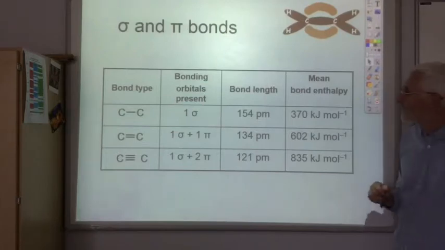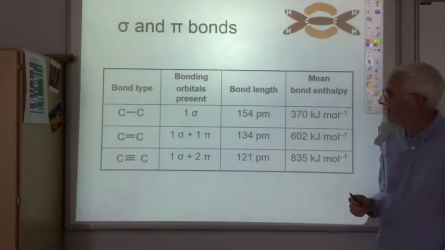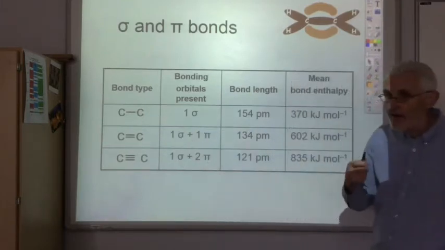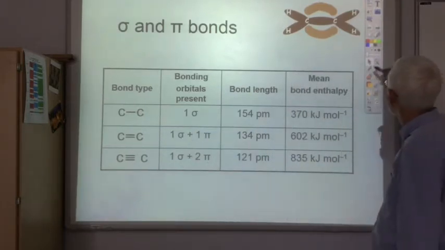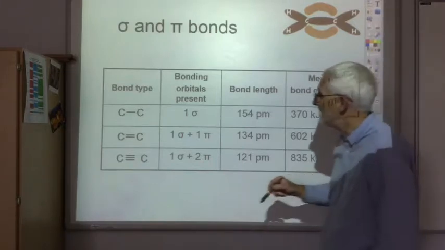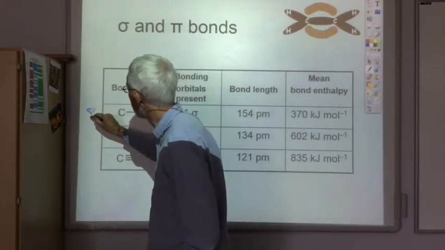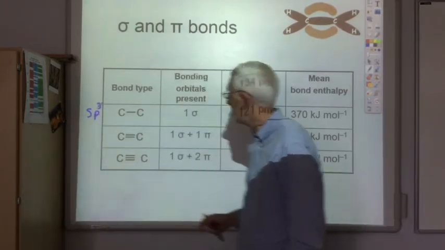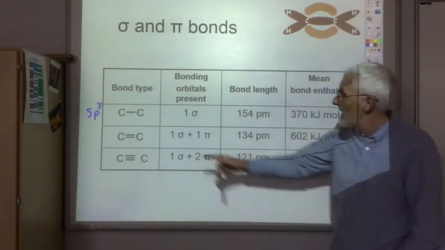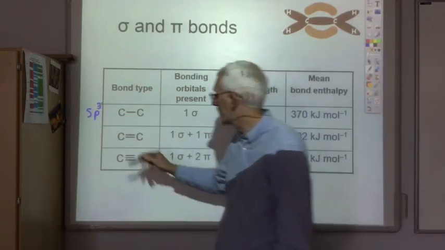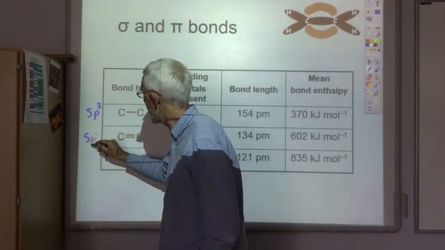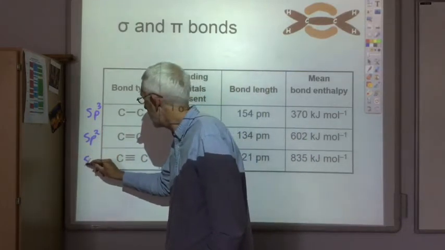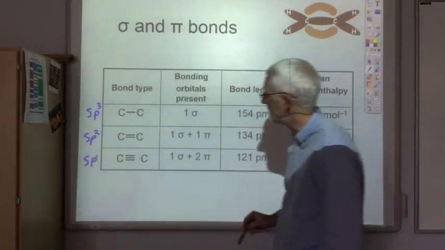Okay, so to summarize, in alkanes, the hybridization gives 4 sp3 orbitals. So it involves 1 s and all 3 of the p orbitals. In an alkene, it's sp2 hybridization, and in an alkyne it's just sp hybridization.